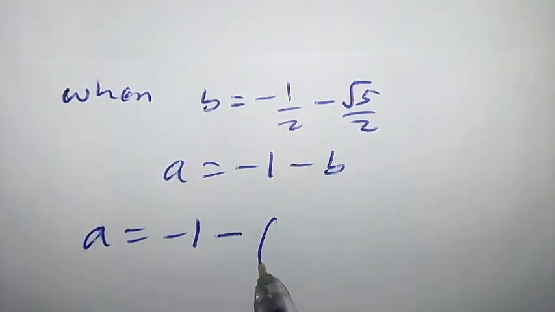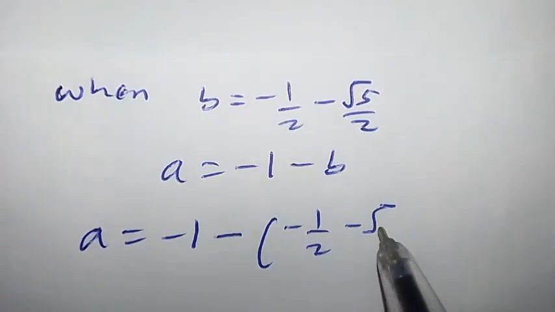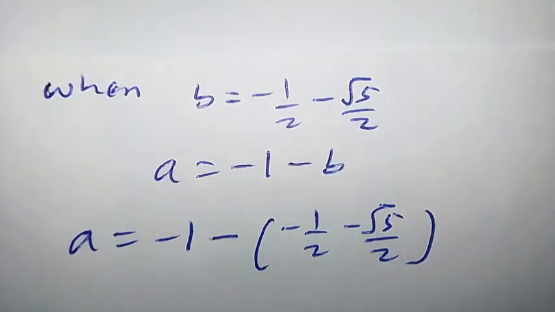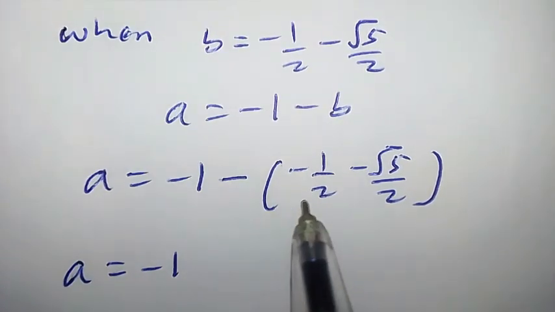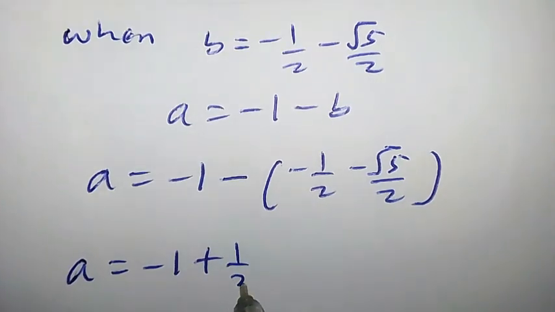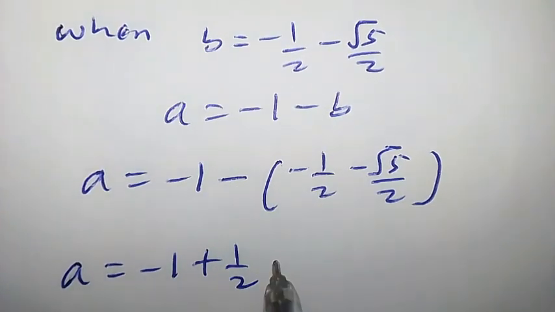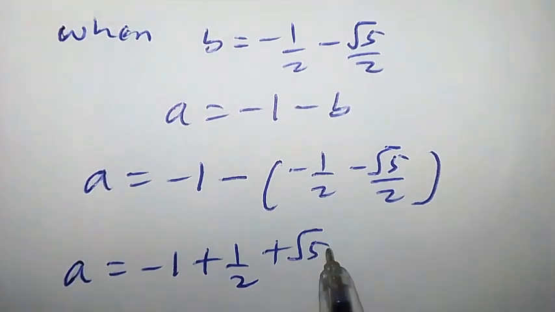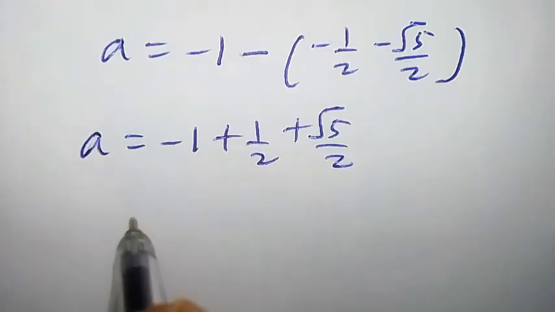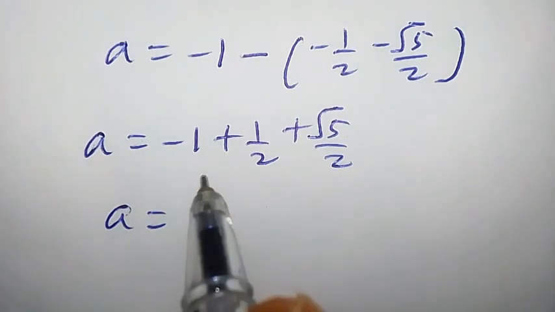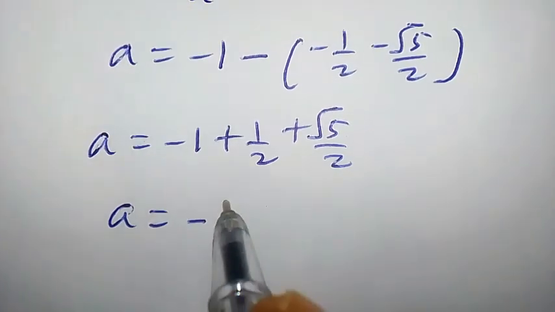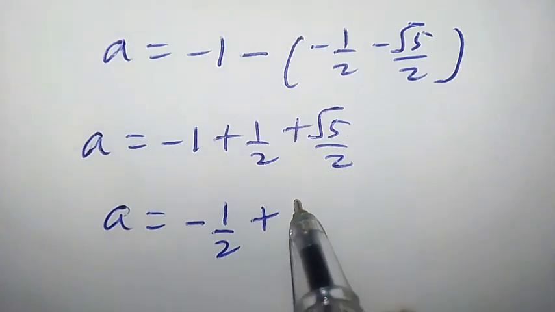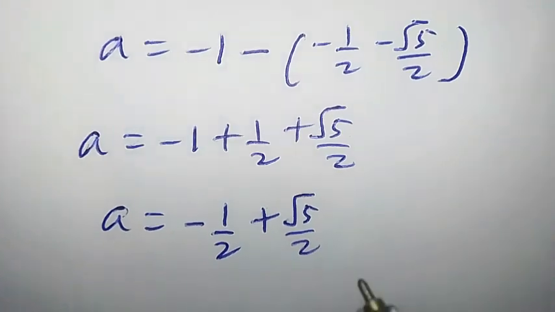This is B: minus half minus square root of 5 over 2. A equals to minus 1 minus times minus half, that is plus half, minus times minus square root of 5 over 2, that is plus square root of 5 over 2. So A is equals to minus 1 plus half, that is negative half, plus square root of 5 over 2.